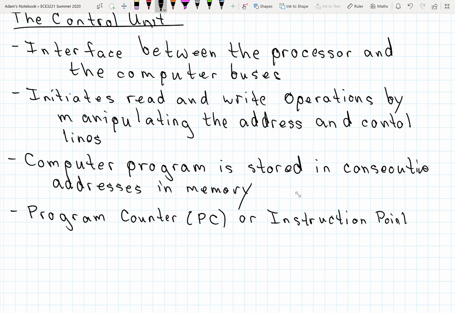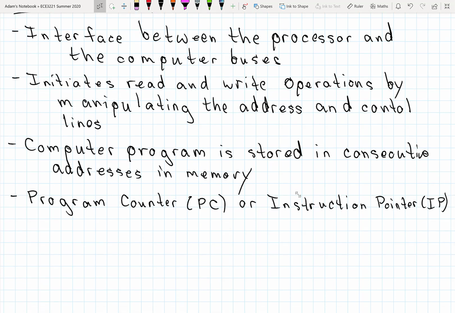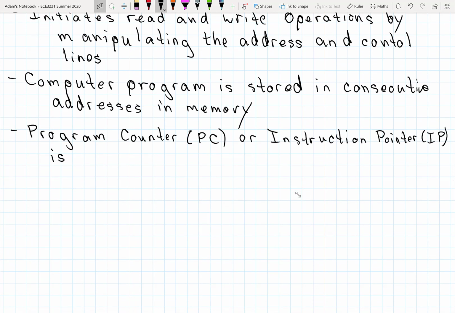Just another name for the program counter. And that is that register that is keeping track of where we are, what address we are pointing to in memory that refers to the actual program, often the next line of the program.